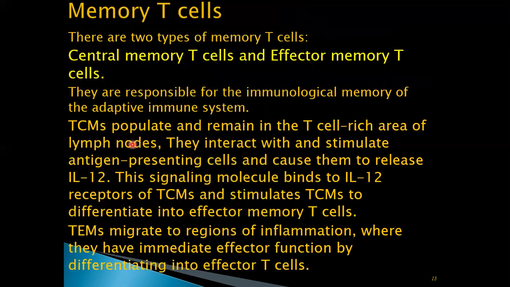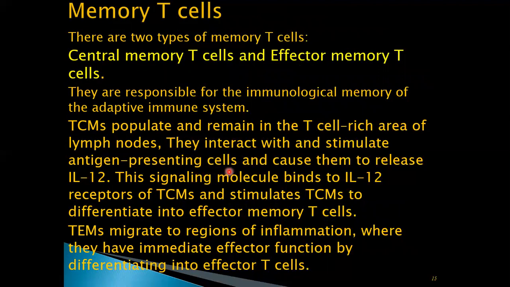They interact with antigen whenever they are stimulated. Whenever antigen presenting cells flow from the periphery to the regional lymph nodes, these central memory T cells identify if they have been exposed to that pathogen, and they become active.